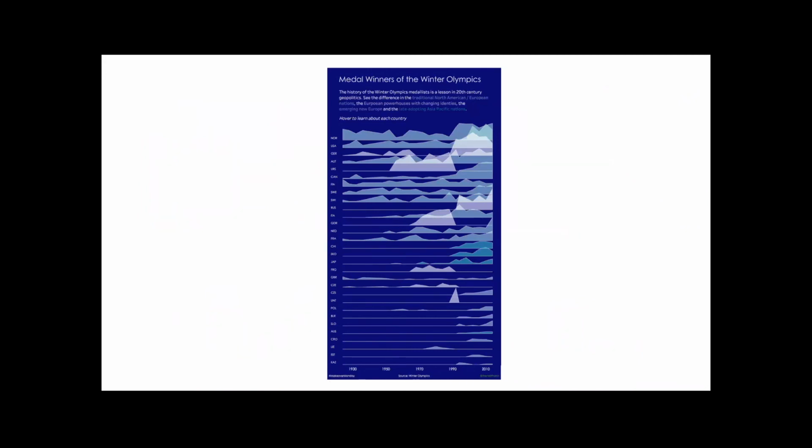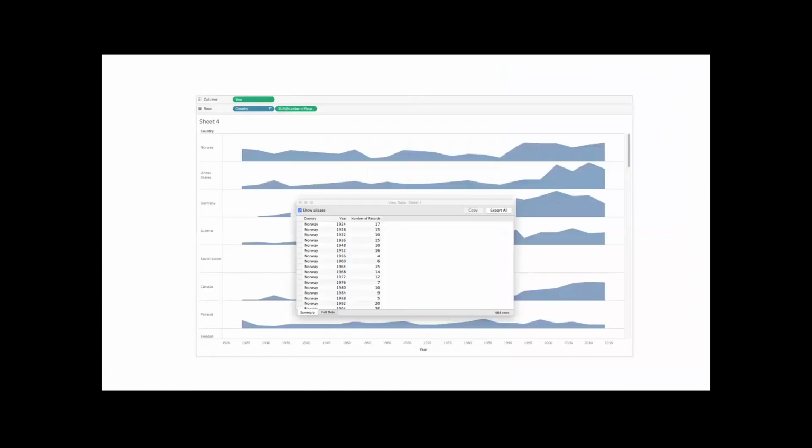So we've got a lot of big peaks, a lot of things that look like icebergs, and a lot of traditional countries like Norway who have been successful all the time. I haven't got long, but just to give a quick 2-minute explanation of how you might want to create a joy plot, I've got a couple of screenshots for you here.